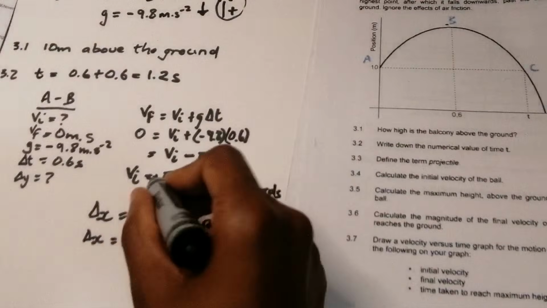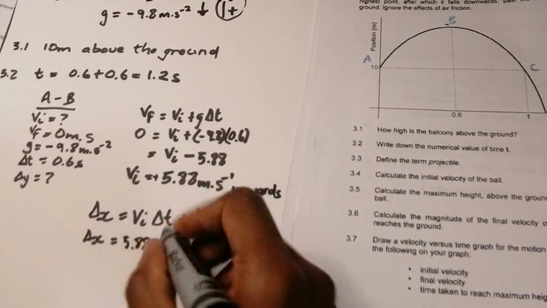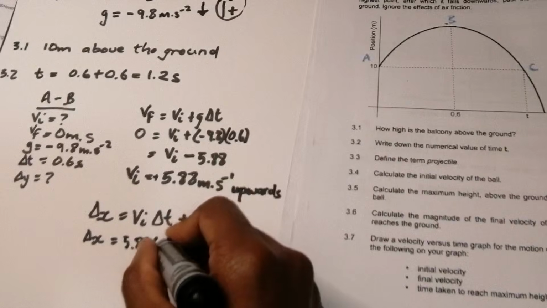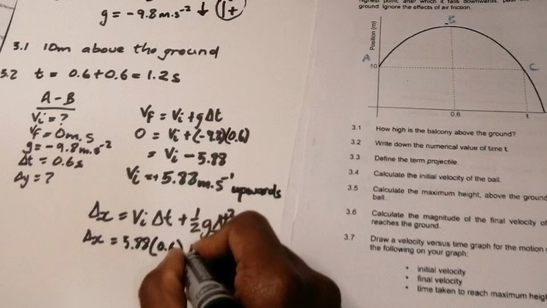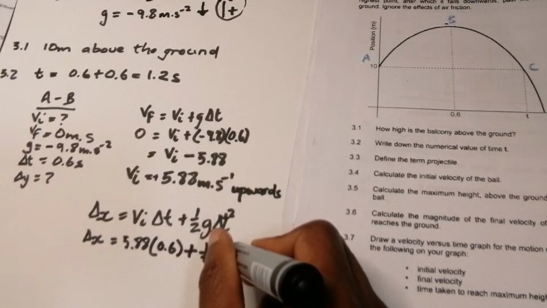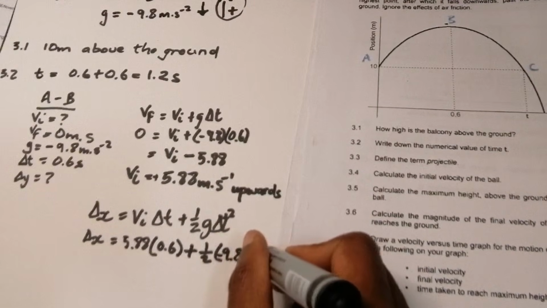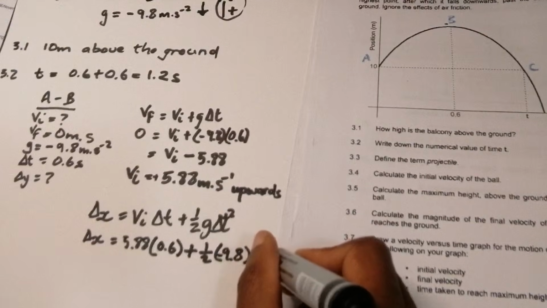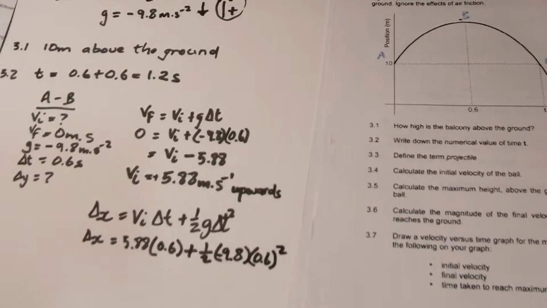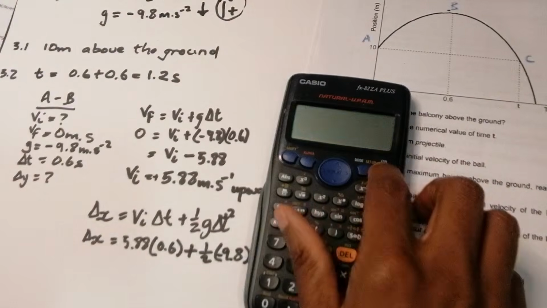So it's a positive 5.88, and the time that it took is 0.6, plus 1 over 2 times negative 9.8 times 0.6 squared. We take our calculator again.